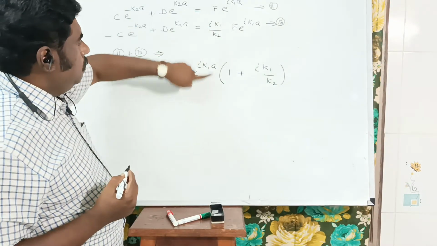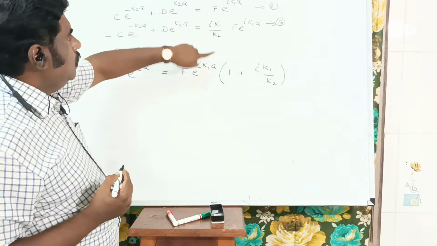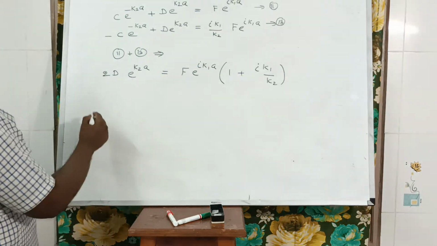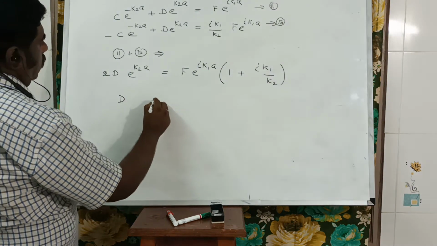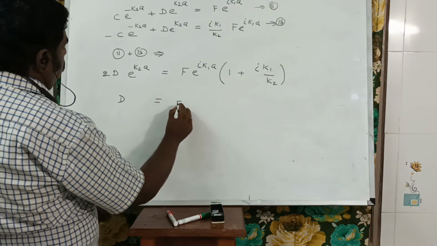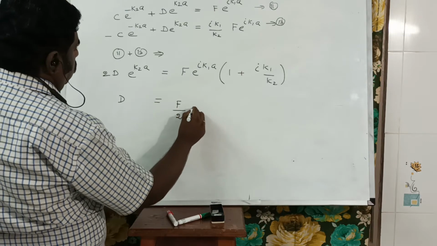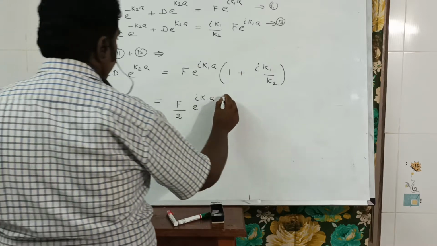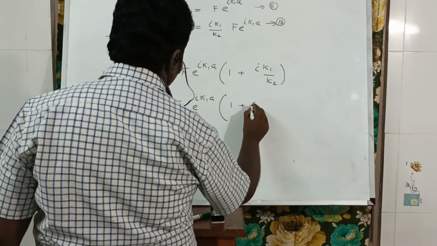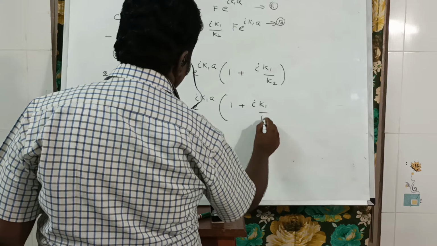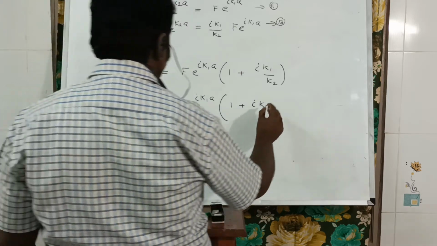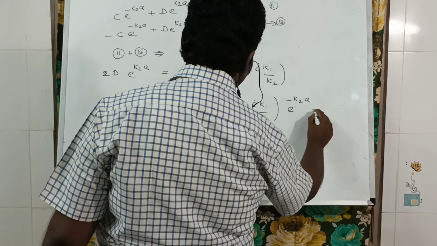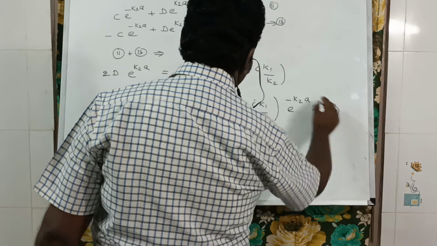I have taken out F e power i k1a outside, so 1 plus i k1 by k2. From this, the value of D is equal to F by 2 e power i k1a into 1 plus i k1 by k2 into e power minus k2a. This is equation number 14.